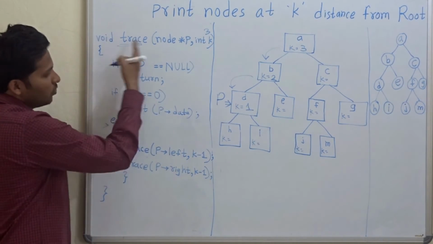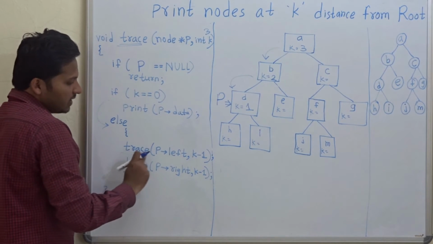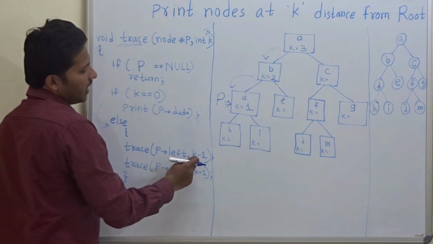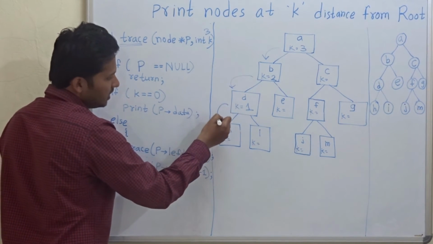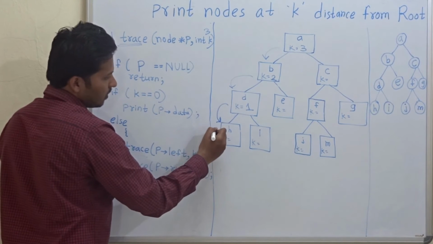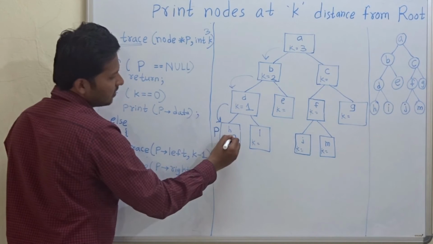Now in the next call, p is not equal to null, k is not equal to 0. Now trace p points left and k minus 1. Now p will go to the left of D and k will become 0 here.